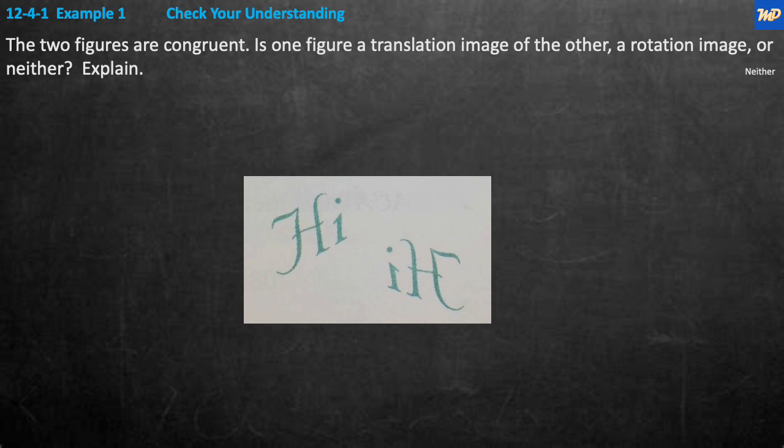We're going to talk about it. Well, it's obviously these are opposite each other, right? Because there was a reflection. See, there's no way you can turn the image on the left in any way to have it be upside down, so to speak, or laying on its belly. So there was actually a reflection that has gone in here. So neither is the answer to this.